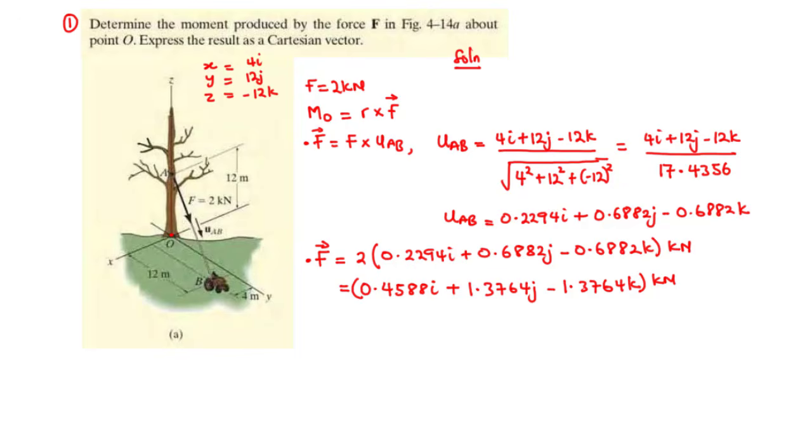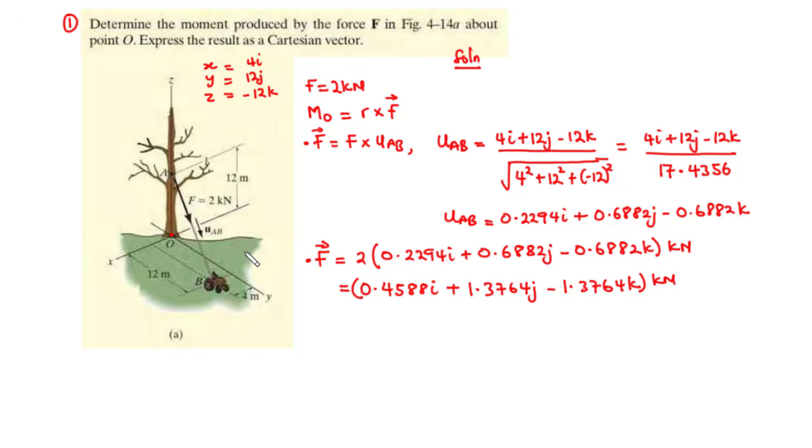So after representing the force F as a Cartesian vector, we are left with the position vector. Now, according to the principle of transmissibility, if you have more than one position vector, then any of the position vectors directed from O to any point on the line of action of the force produces the same moment.